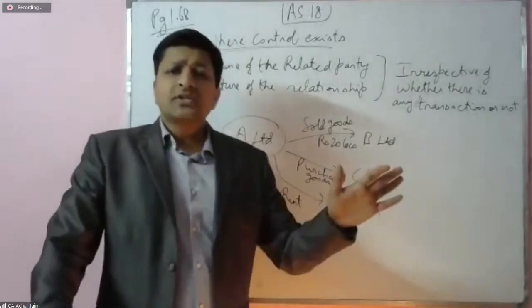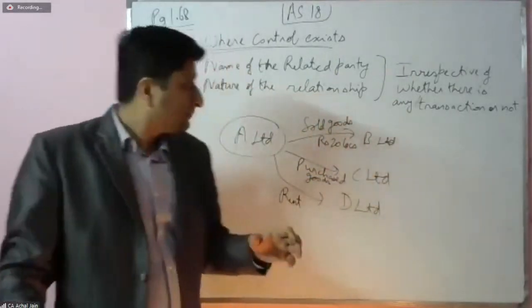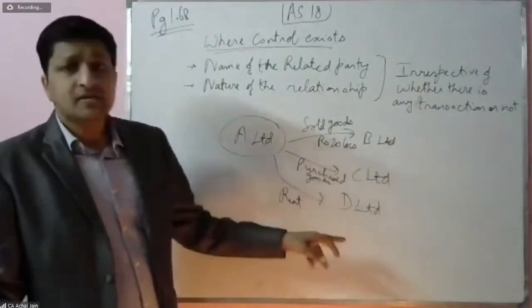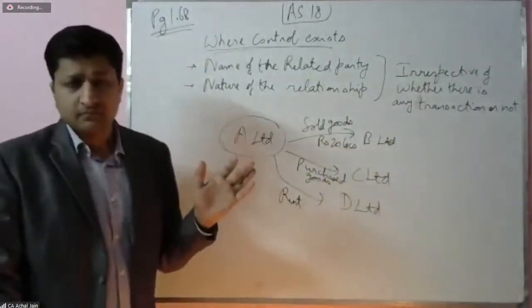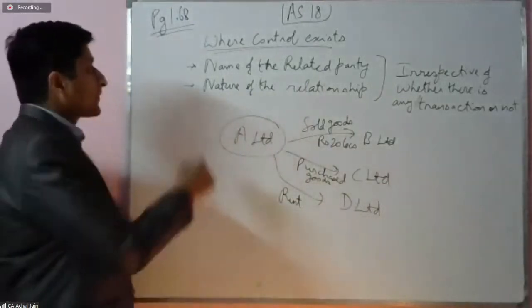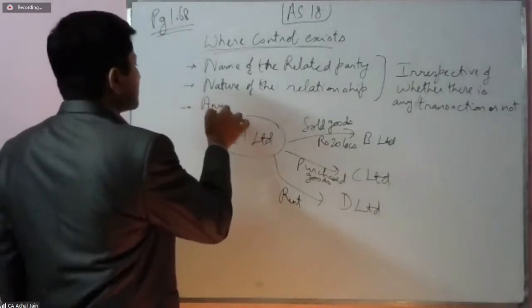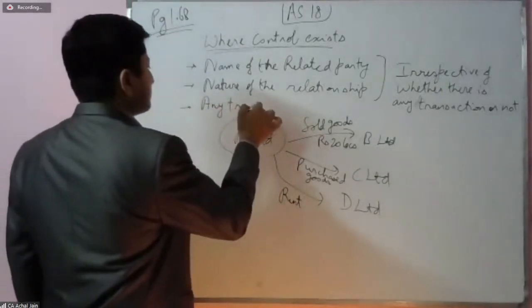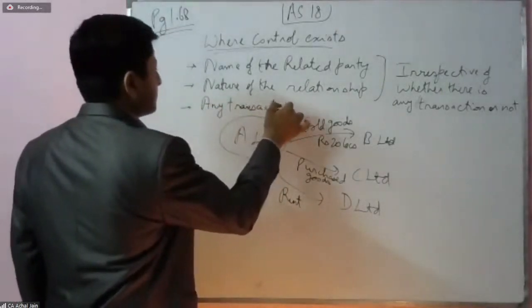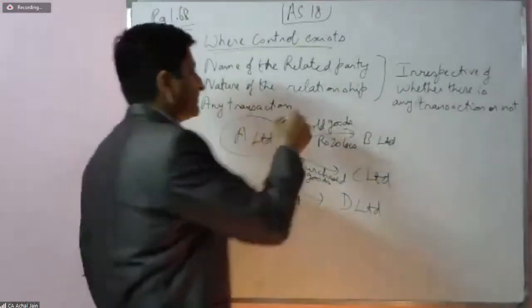So any transaction which is carried out during the year with the related parties will be disclosed. So the third part will be any transaction with that related party.